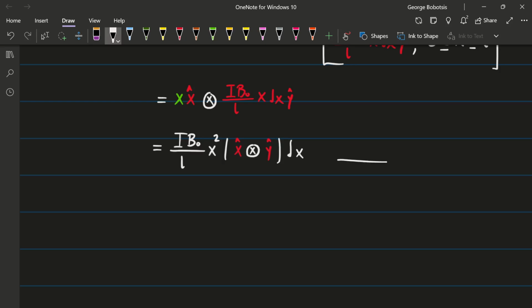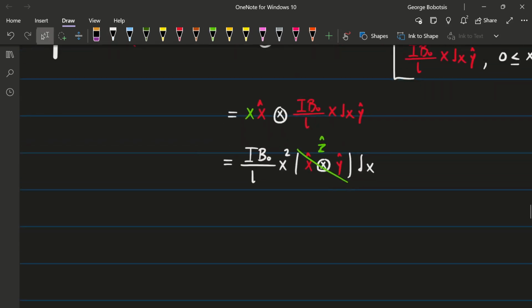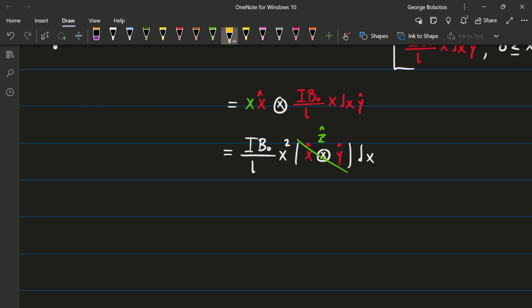So, of course, if you put your thumb along x and your index along y, the middle finger should point toward your face. That means that we're getting z hat for this torque. Remember, this is still d tau. I have to find what tau is. So this is the moment that we switch into an integral.